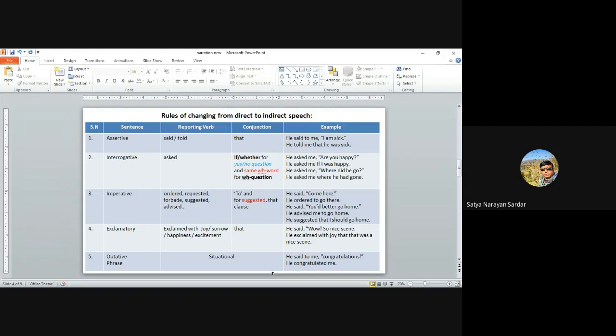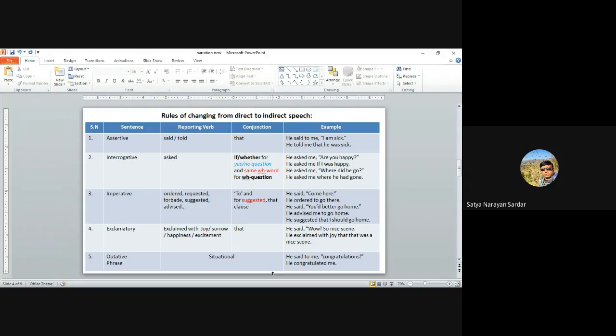Reporting verbs should come according to the sentence in the inverted commas: ordered, requested, forbade, suggested, advised. In most cases, the conjunction should be to. For example, he said, "Come here." He ordered me to go there. Come into go, here into there.